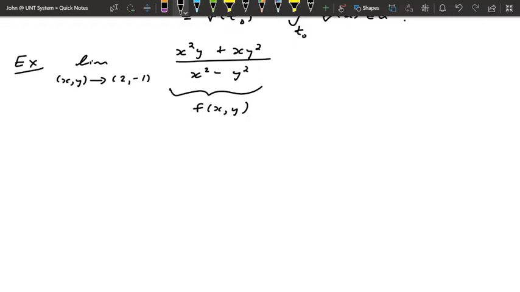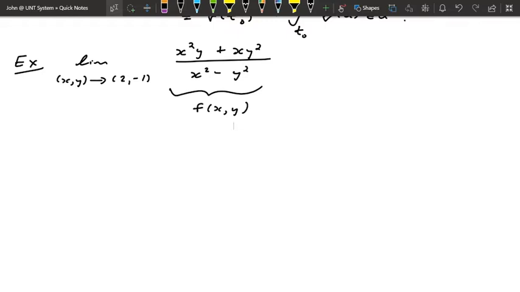Now, this function is a rational function. It's a ratio of two polynomials. Polynomials are always continuous, and a rational function is going to be continuous at the places where the denominator is not equal to 0. Now in this case, the denominator is x squared minus y squared. That's going to be equal to 0 if x is equal to plus or minus y.